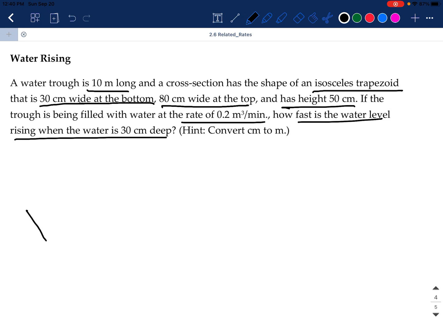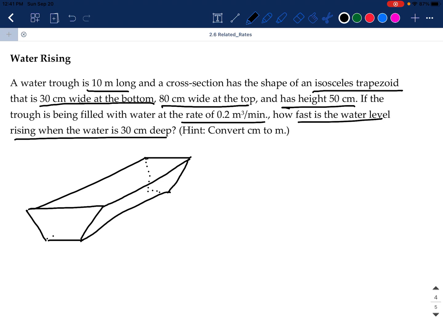So let's go ahead and draw it. If we're looking at one end of it, it's going to look like an isosceles trapezoid. It's going to go out 10 meters. There we go.